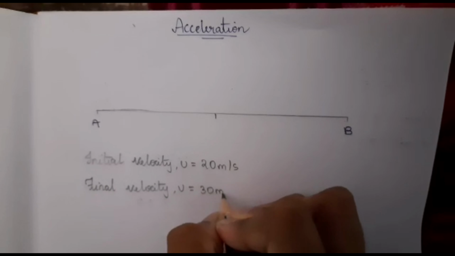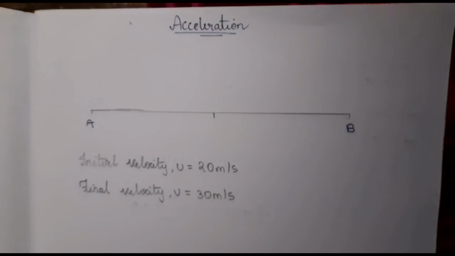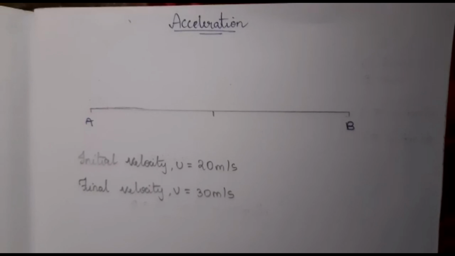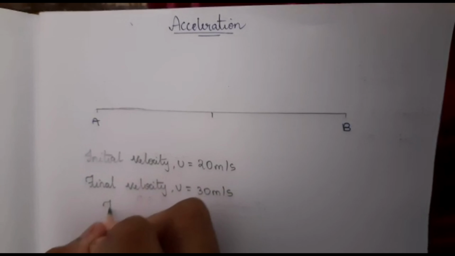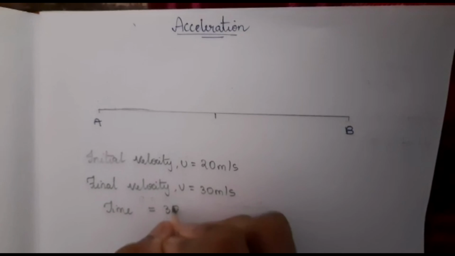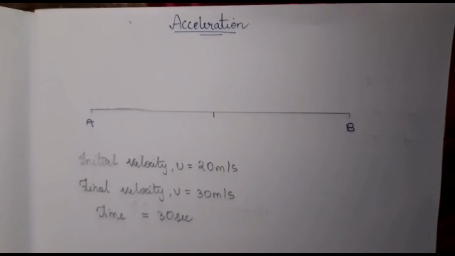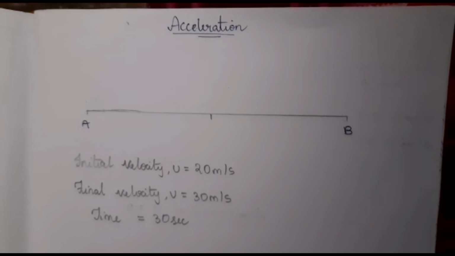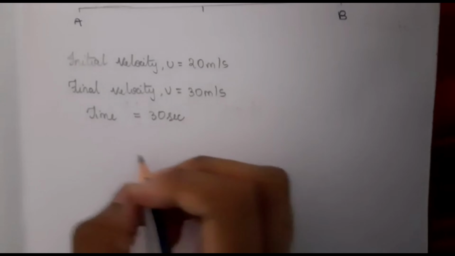The time taken is 30 seconds. Means for traveling from A to B, you took only 30 seconds. Now we have to find the acceleration. As we know, the acceleration is the change in velocity by the time taken.